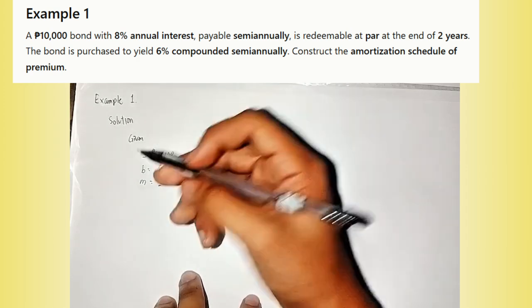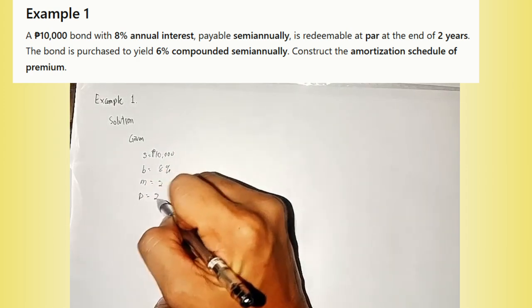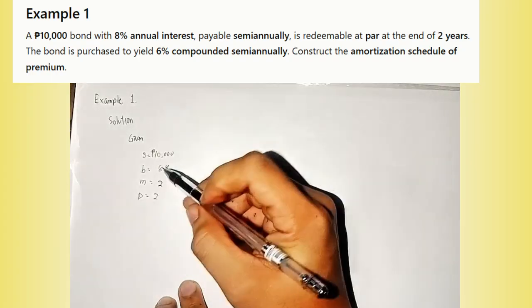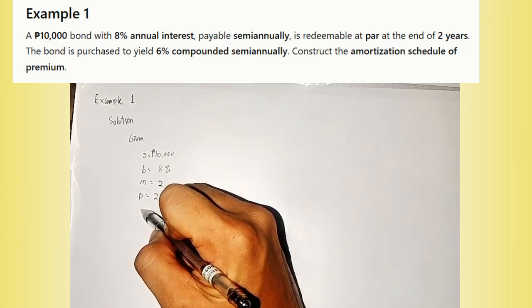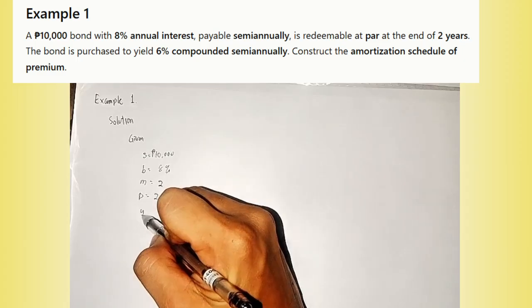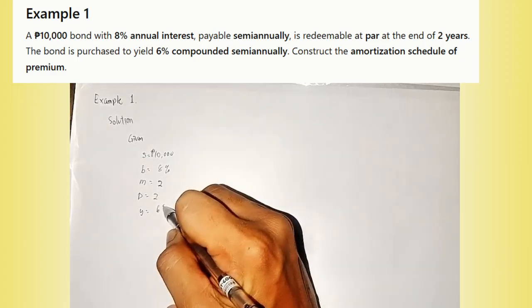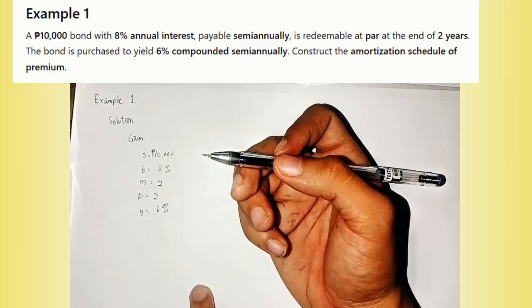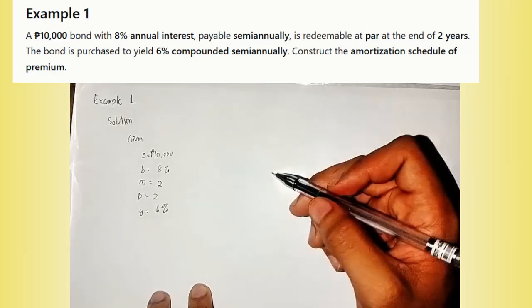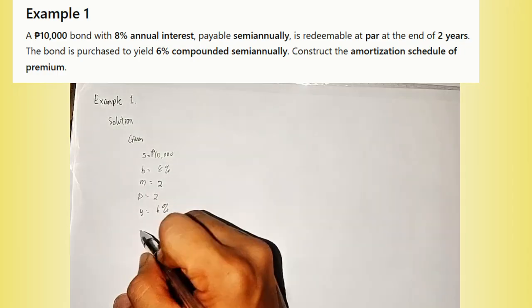Redeemable at par at the end of 2 years, so we have D is equal to 2. The bond is purchased to yield 6%, so we have Y is equal to 6% semi-annually. Construct the amortization.